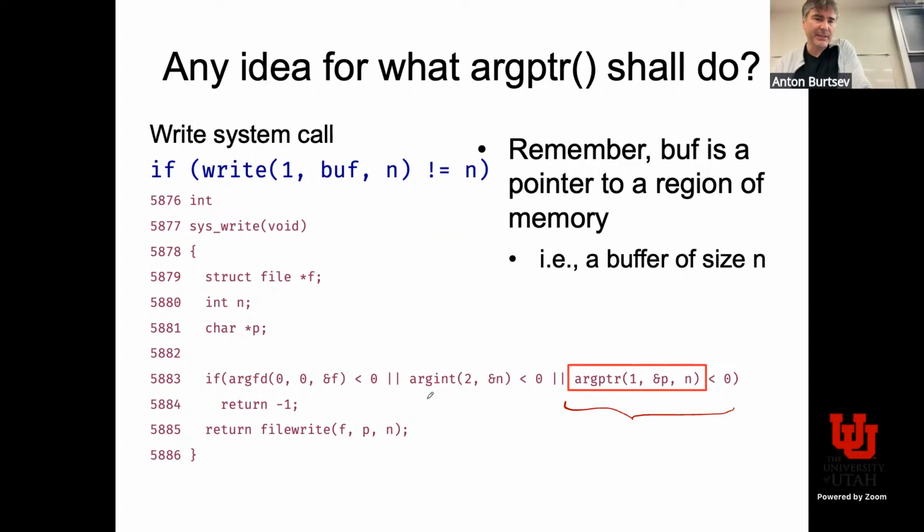Let's imagine we fetched an integer, like argint. We looked at argint, right? And we fetch a 64-bit integer with this argint, which fetches the n value. How do we fetch a pointer? How do we fetch a buffer? What's inside this argptr function? The logic should be obviously similar, but let's try to guess how we can build it.